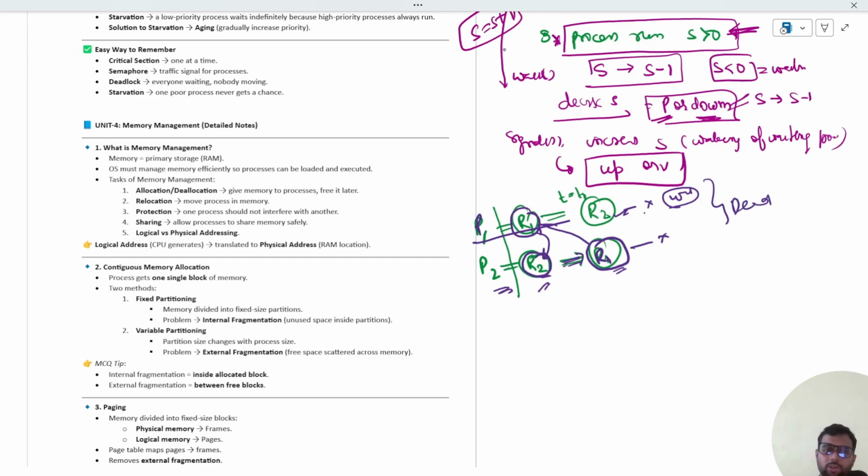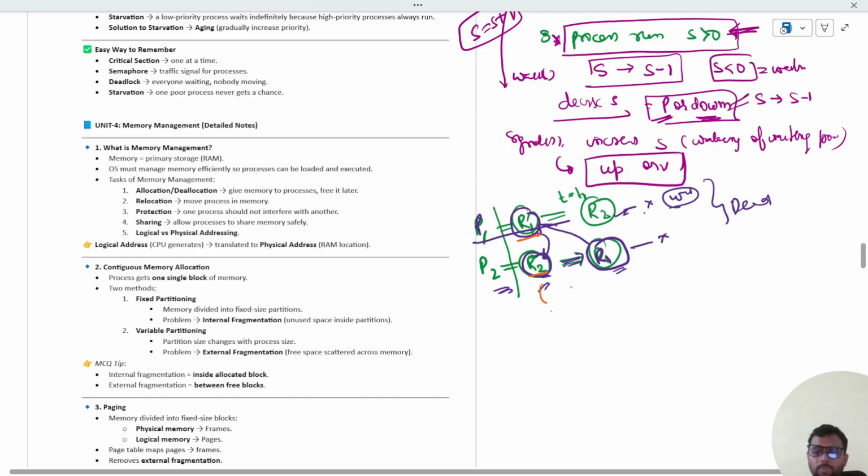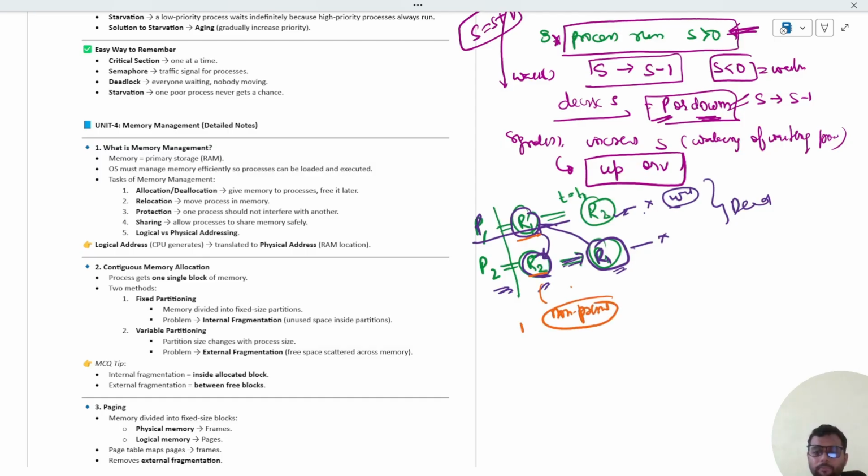So what are the possible scenarios that lead to deadlock? First, we can easily understand that the R1 and R2 resources are non-preemptive.